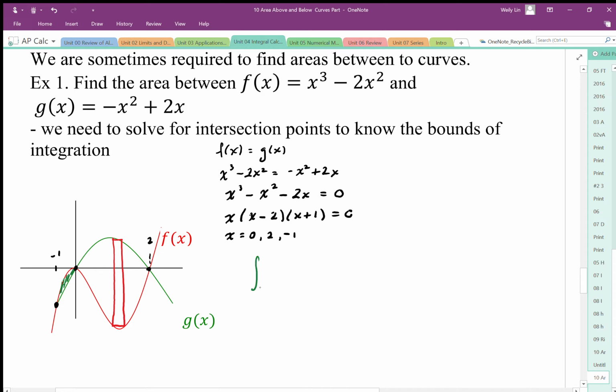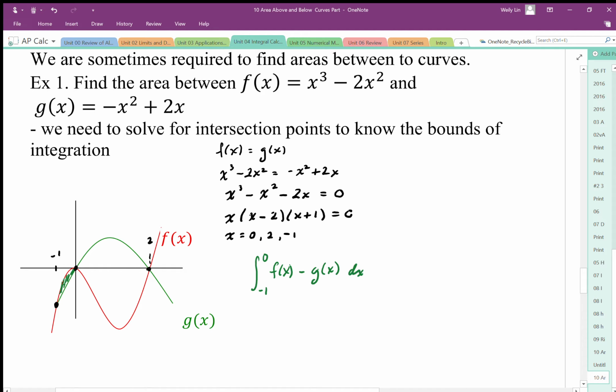The integral from negative 1 to 0, so those are my bounds that I solved for, and it's going to be the red function, which is f of x, minus the green function, which is g of x. And I'm going to multiply that by dx, by the width.